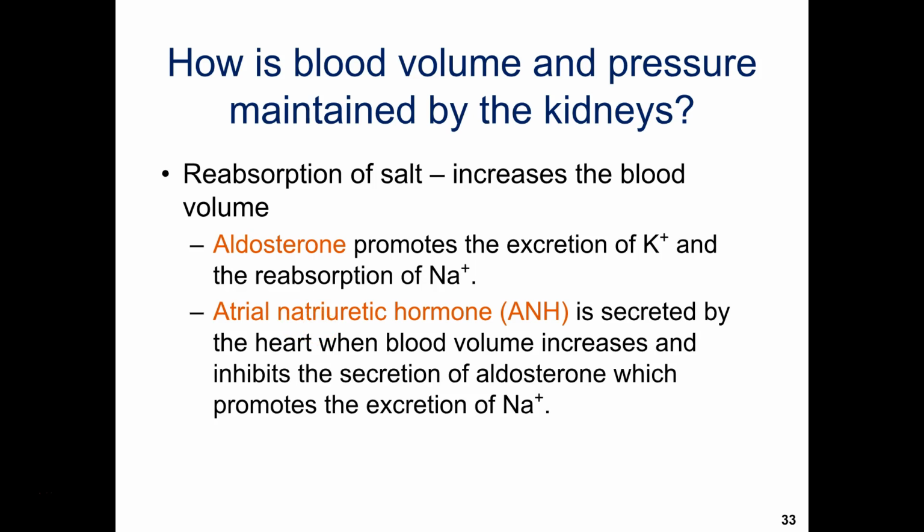It's secreted by the heart when the blood volume increases and inhibits the secretion of aldosterone, which promotes the excretion of sodium. Okay, I'm not super worried about this one or this one. I just want you to definitely know what the names of these things are and understand that they're involved in blood pressure and blood volume regulation by the kidneys. Okay, so aldosterone and ANH.